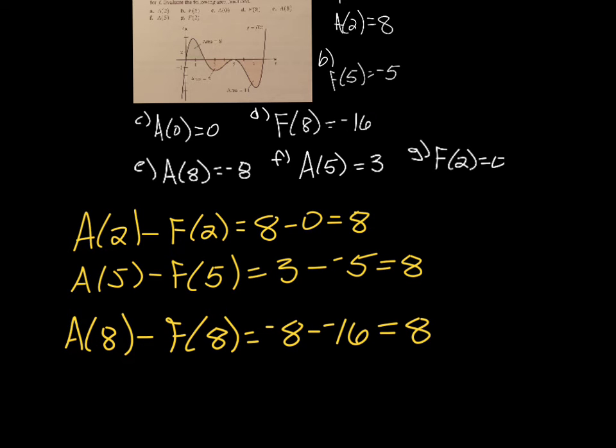Okay, and so this is going to be an important part of the fundamental theorem. And so basically what they're saying is, if you evaluate two different area functions for the same function at the same endpoint, they differ by a constant value. They're all 8 here. So 13 through 21 are essentially all the same.